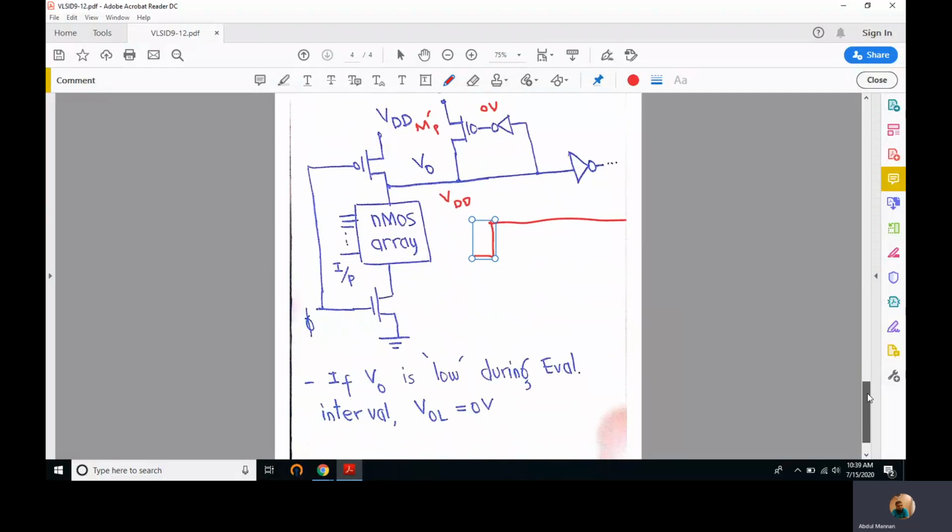So it seems to be a better circuit, because if V out is low during the evaluation interval, VOL becomes 0 volts.